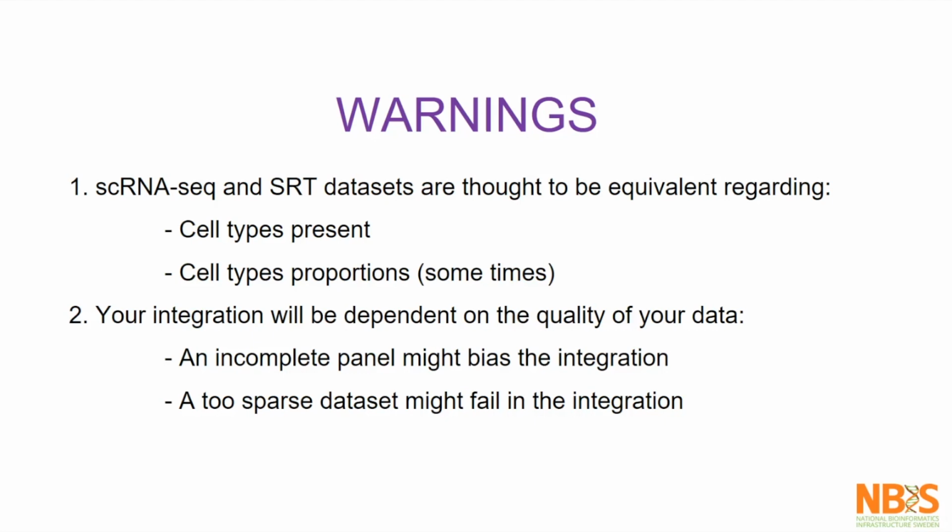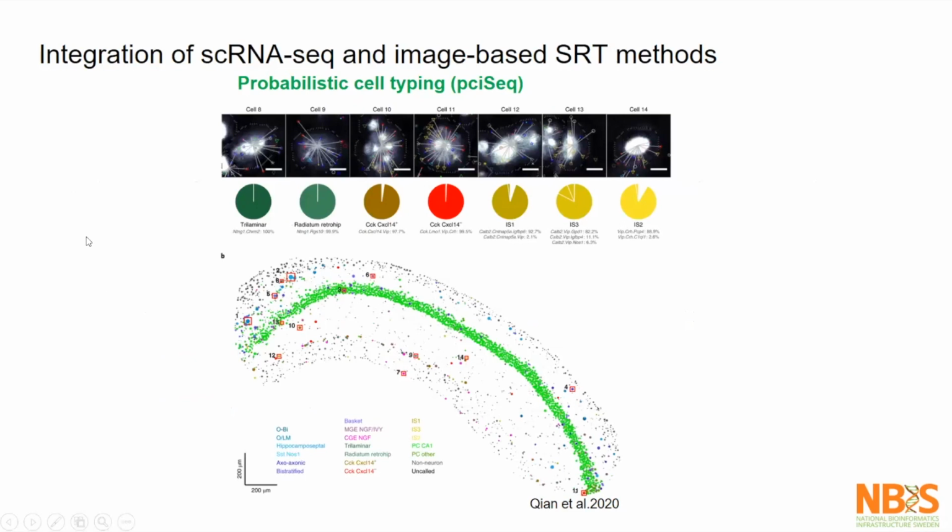Yes, and now after going through the different segmentation approaches and also cell type prediction approaches and gene imputation approaches, I'm gonna also talk about an approach that sort of combines both of them, and that's called probabilistic cell typing. In this case, what we have is nuclear staining, and we have used the nuclear staining to segment the cells.